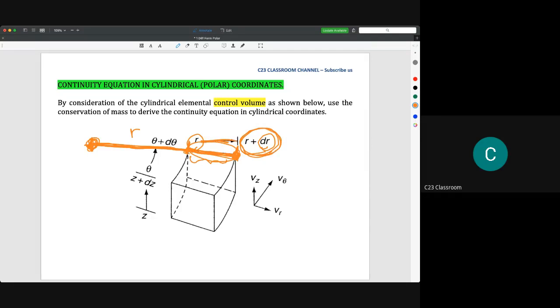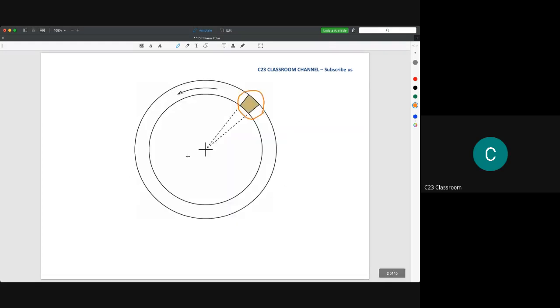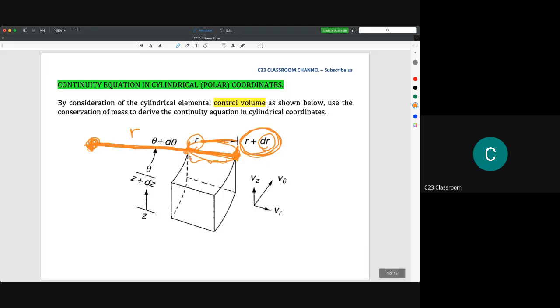As I mentioned yesterday, in polar coordinates we represent the location by showing the distance of the radius and also the location in terms of theta here. From this diagram, we find that this distance represents the angle.